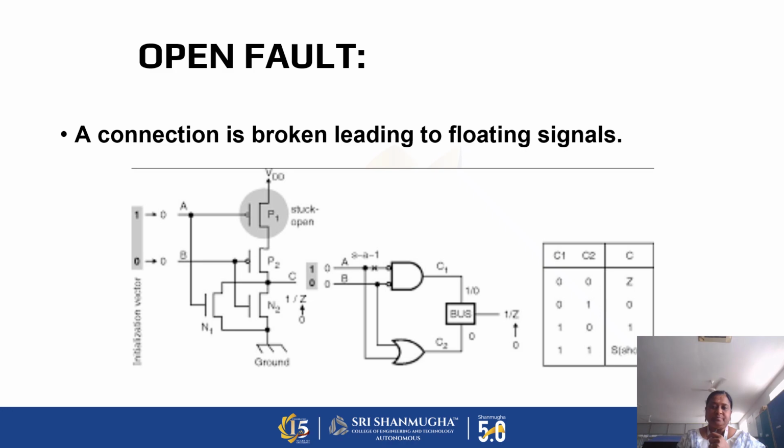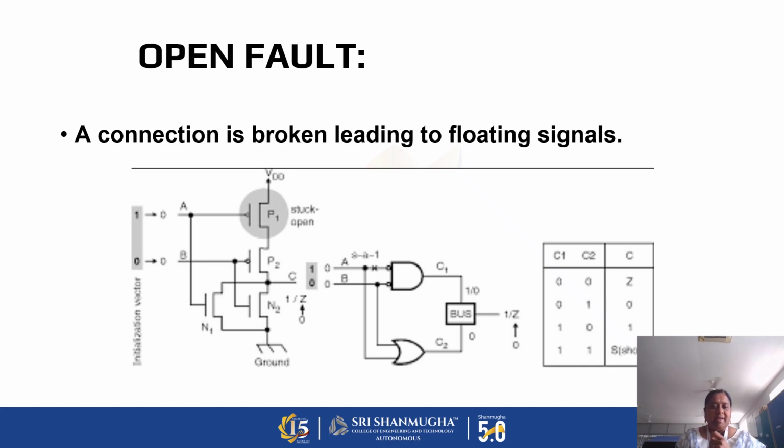Open fault. So look at this here. When a circuit is open, a connection is broken, so it will lead to floating signals. So see here, the two inputs of C1 and C2 are 0, 0, 0, 1, 1, 0 and 1, 1.